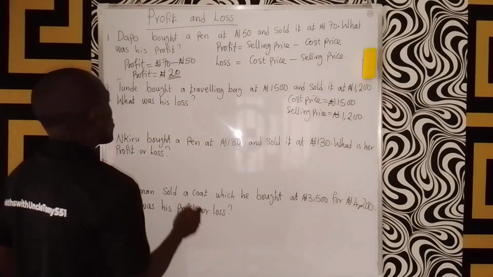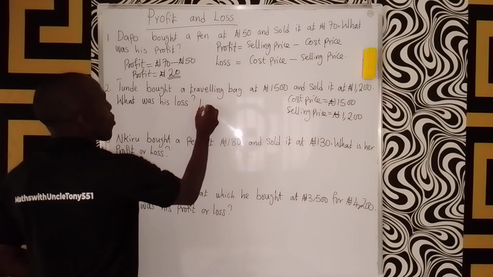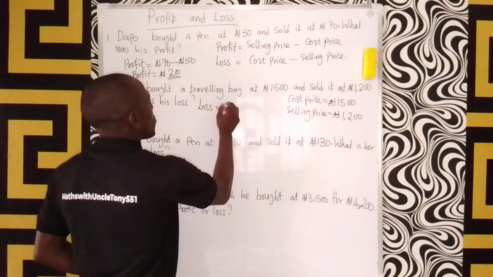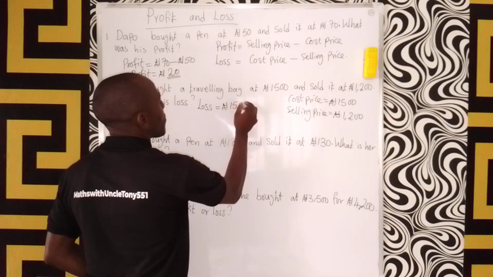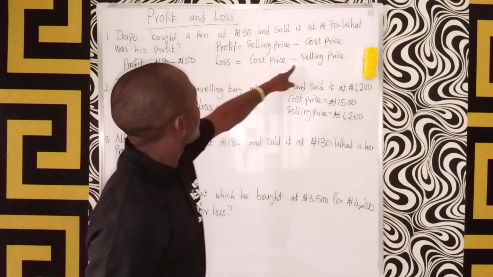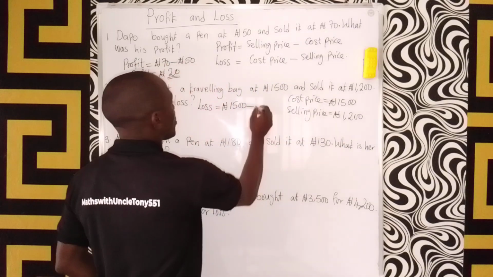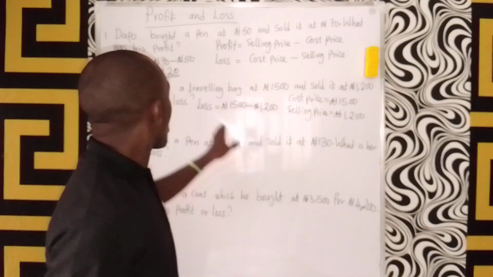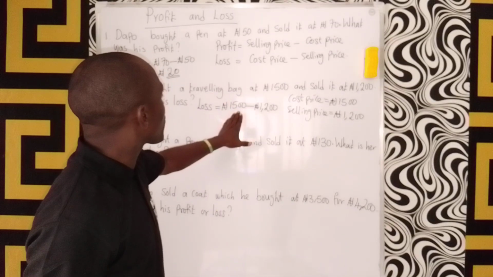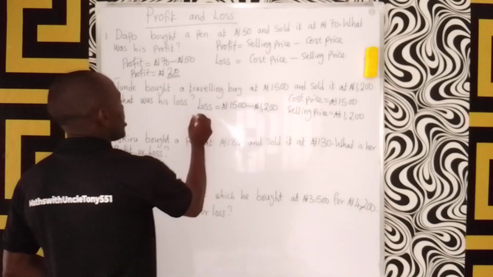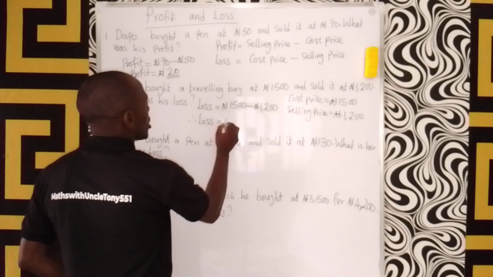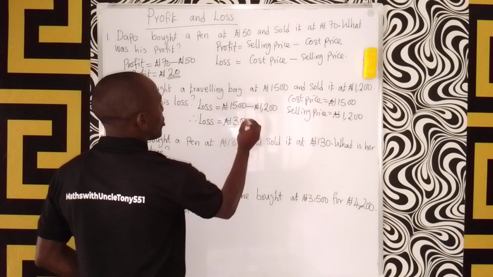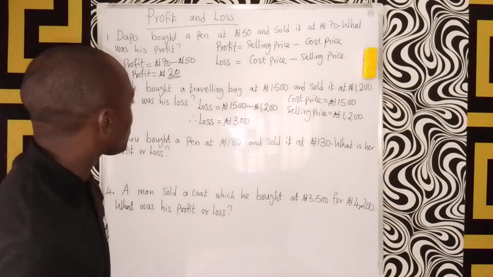From the formula, we know that loss is equal to cost price, which is 1,500 naira, take away selling price, which is 1,200 naira. So our loss is 1,500 minus 1,200 naira. Therefore, we have 300 naira as our answer.